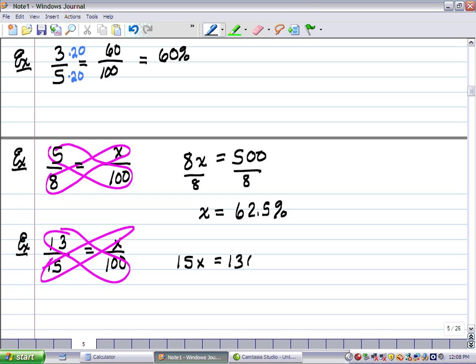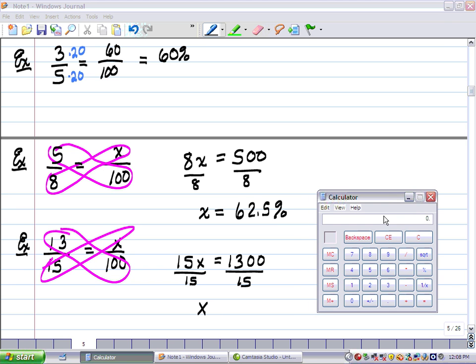I'm going to divide both sides by 15. And what am I going to get? 1300 divided by 15. Oh, look at that.